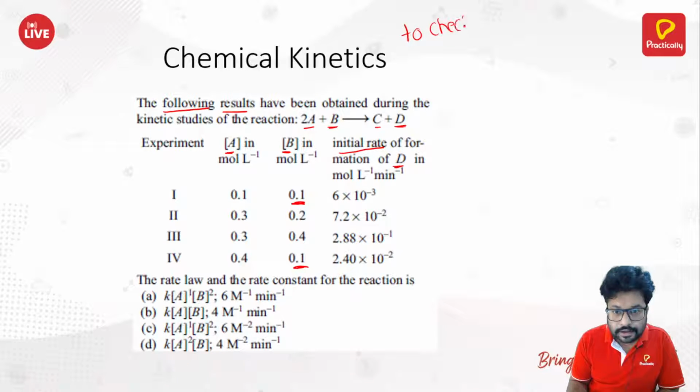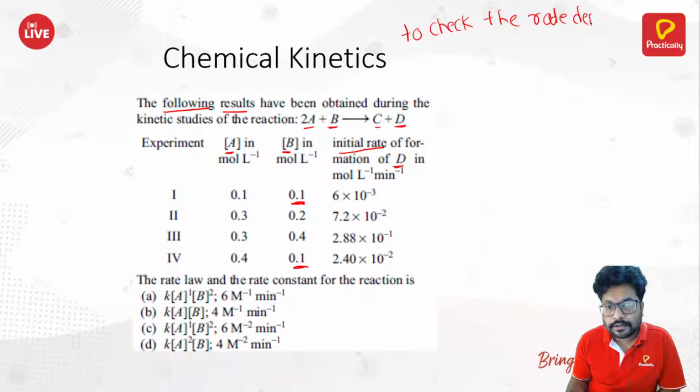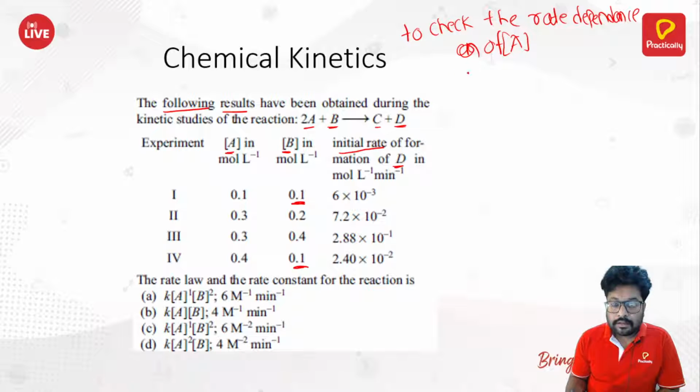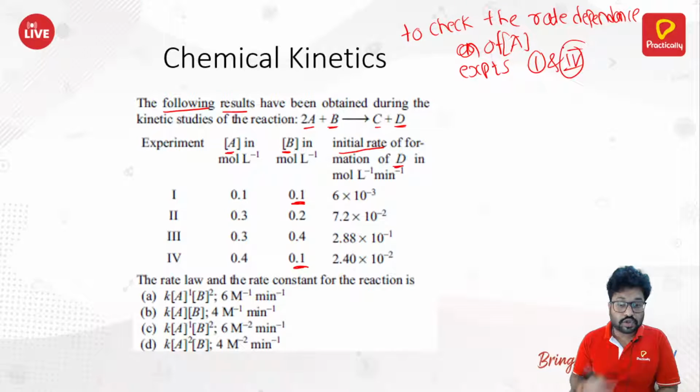To check the rate dependence of A, we are selecting experiments first and fourth, by taking the ratio of them.